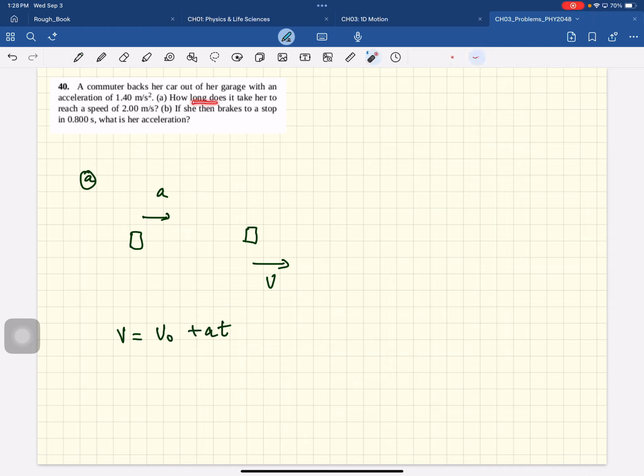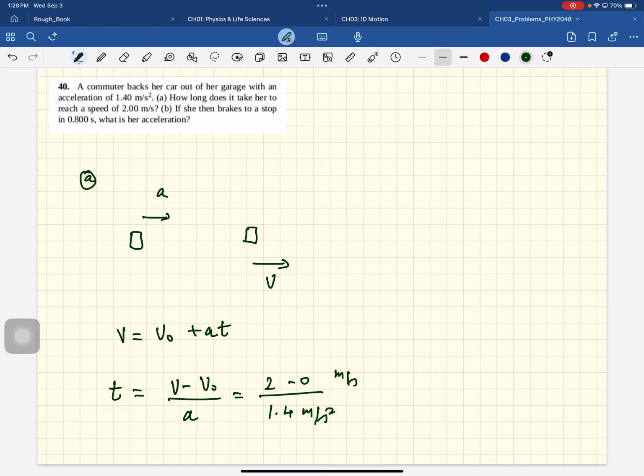And they're asking you how long does it take her to reach that speed. So they're asking you for the time. What was her initial speed? 0. Okay, so T is V minus V naught divided by A. So 2 meters per second minus 0 divided by 1.4 meters per second squared. Okay, the meters per second cancels. You have a second left, and then that goes on top.